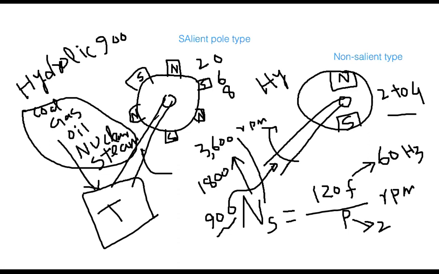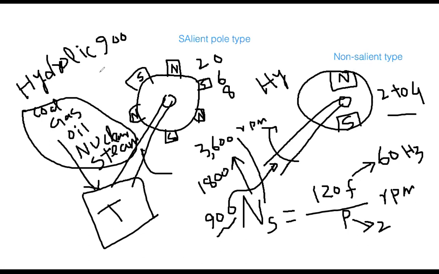Typically, because any of these provides higher speed, at that time you have to choose non-salient pole so that you can design with fewer poles, because you have to maintain frequency. Look at this equation, because you must maintain frequency 60 hertz, whether this type or this type.